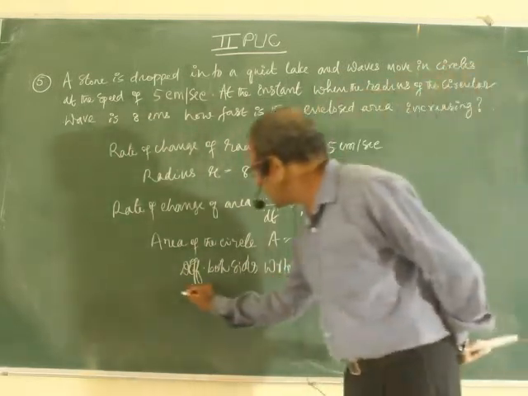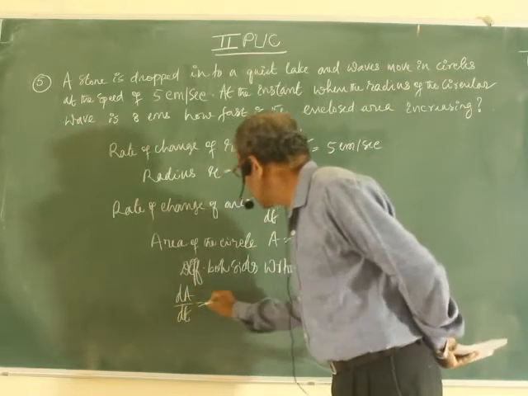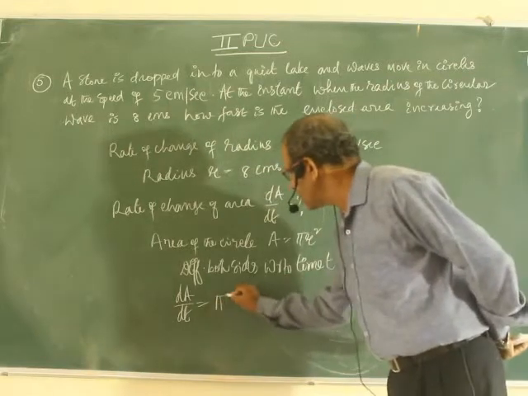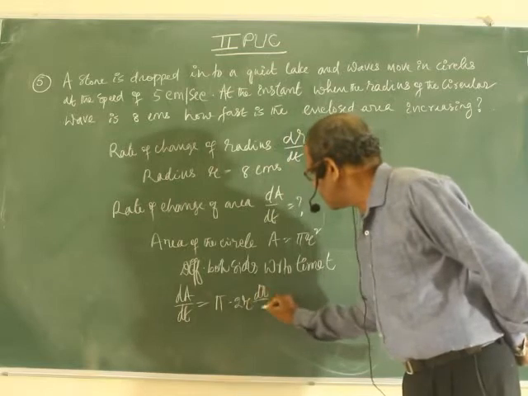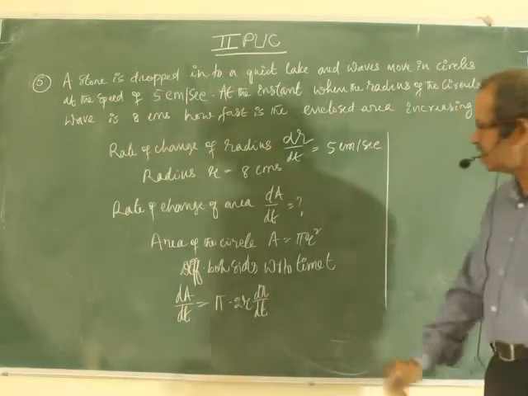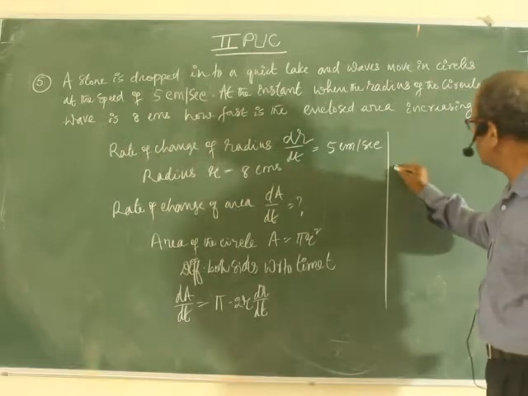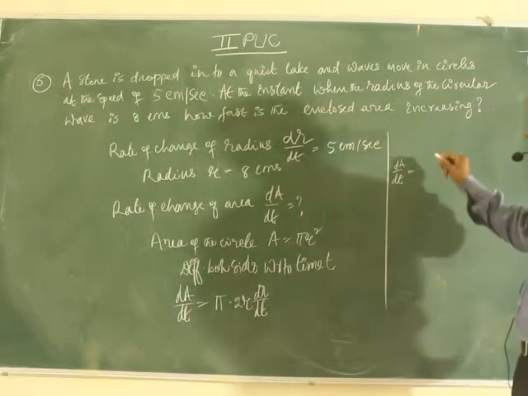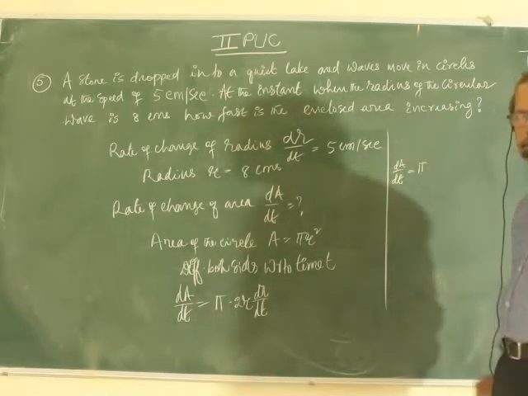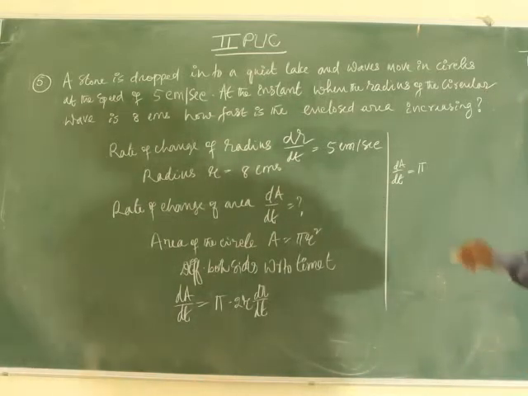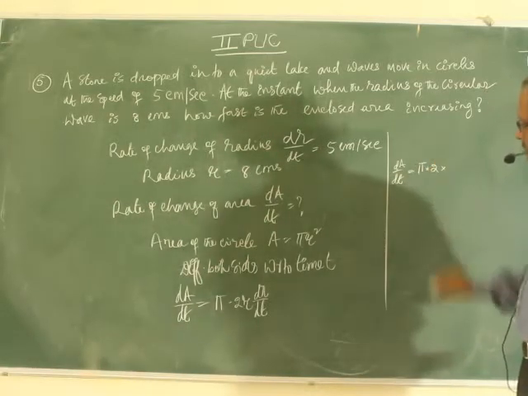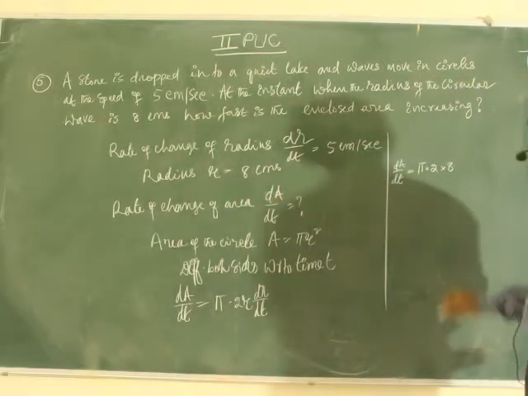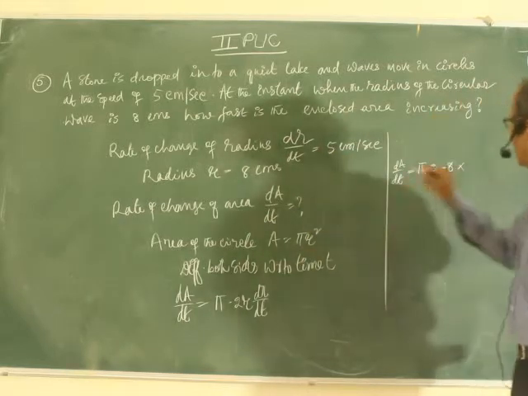You get dA by dt equal to pi constant, 2r dr by dt, or dA by dt equal to pi into 2 into radius reached, 8, into dr by dt, already given 5.